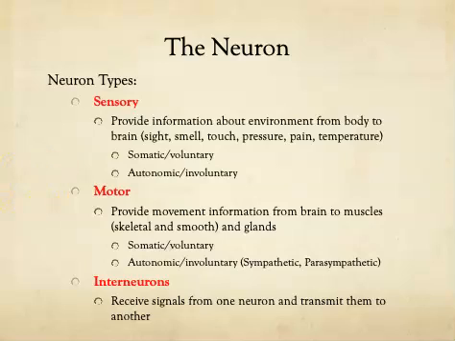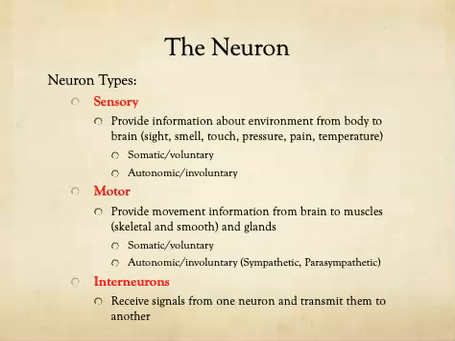So what kinds of information do sensory neurons pick up on? Well, if you think about the word senses, they're picking up on things like the kinds of objects that we see, the kinds of things we smell, the things that we hear, that we touch, things like pressure, things like pain, things like temperature, even things like stretch and tension in internal organs can be picked up by these sensory neurons.